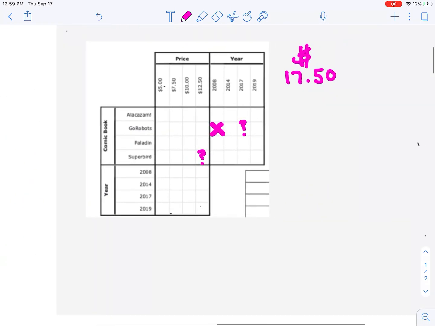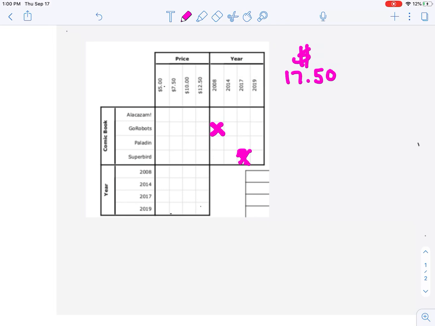So I'm going to go into my chart, and I'm going to mark, I should have had this question mark for 2017 on Superbird. I don't want to redo the video, but we were wondering, is Superbird $12.50 or is Superbird 2017? $12.50 didn't make sense, but 2017 is what it must then be. Okay, so we have two things marked now.